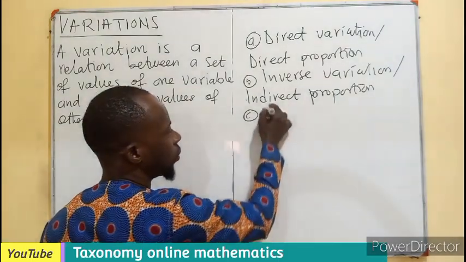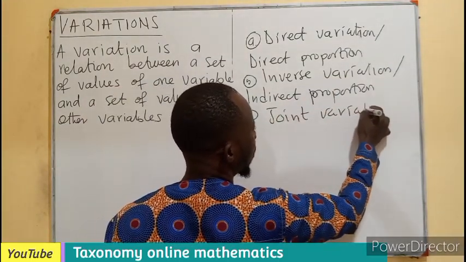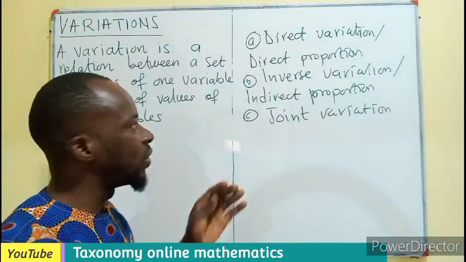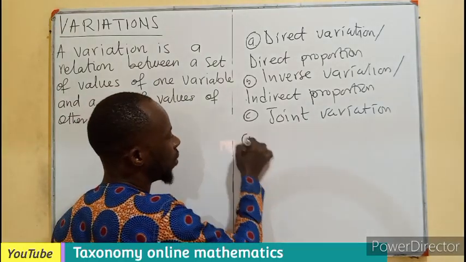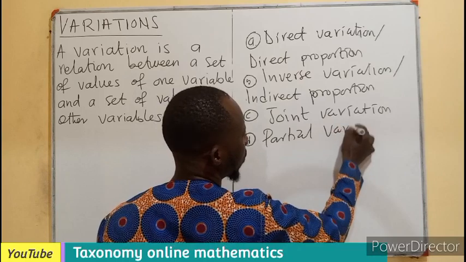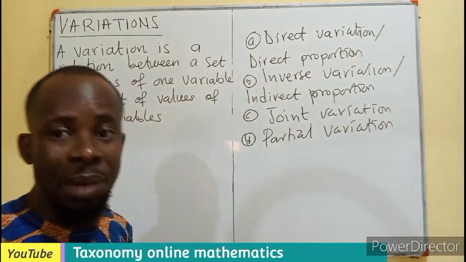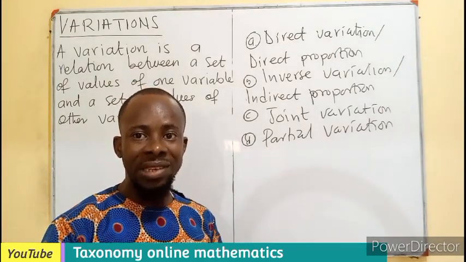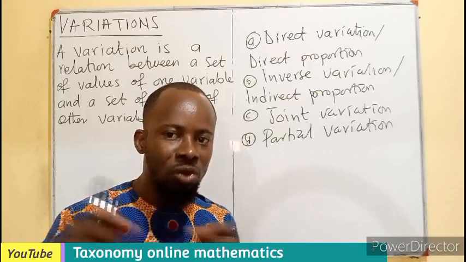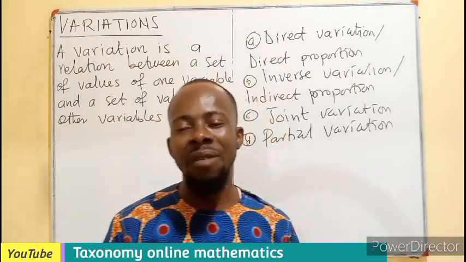We have what we call joint variation, which combines the direct and the indirect together. Then we have what we call partial variation. So these are some of the types of variation, whereby one variable is being related to another variable.